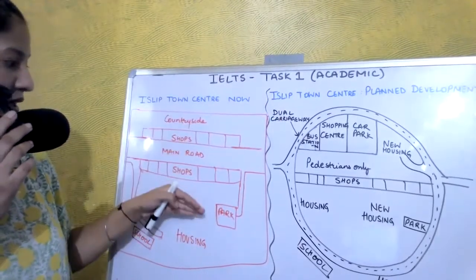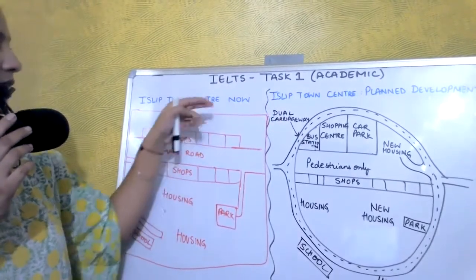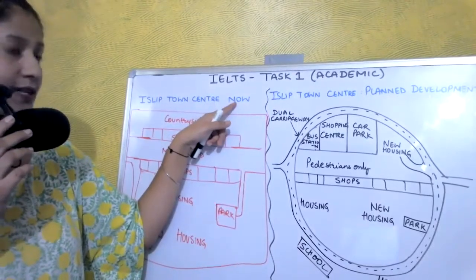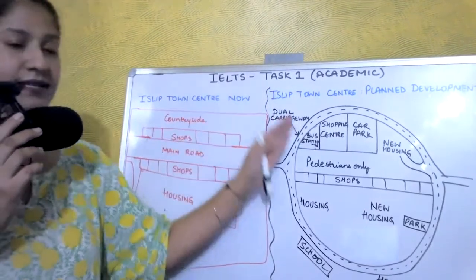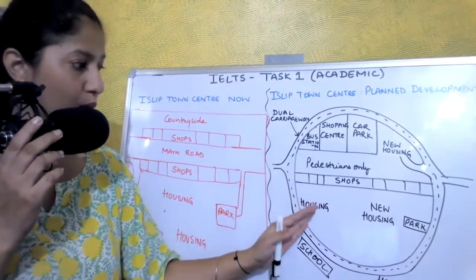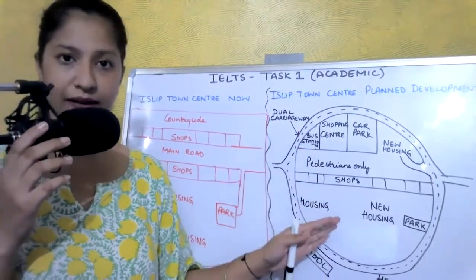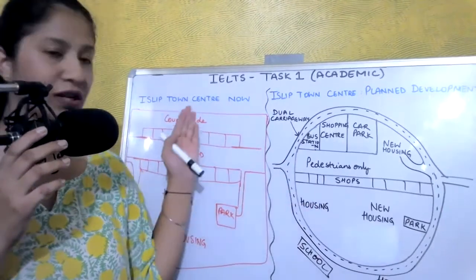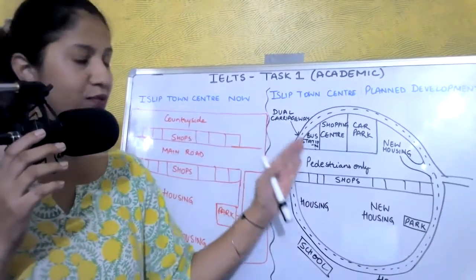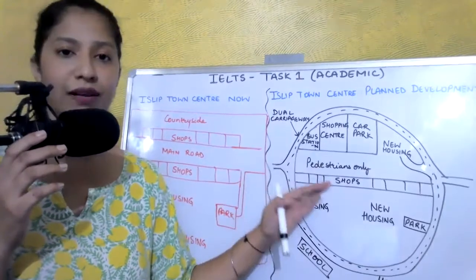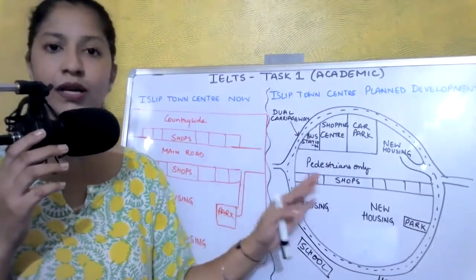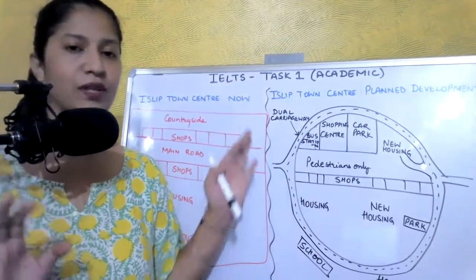Map 1 shows it as it is at present, and the second map shows its future development plan. Correct? Map 1 shows me as it is now, and map 2 shows me its future development plan. I've just told what is given and what is being shown to me.